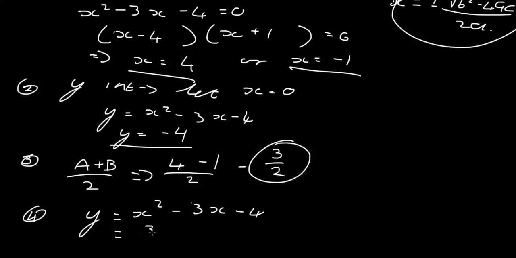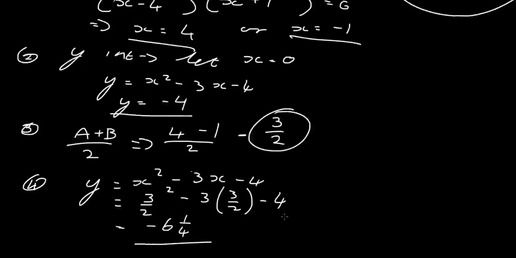So y equals 3 over 2 squared minus 3 times 3 over 2 minus 4. And in the end we're left with y equals minus 6 1/4. Okay, and there you go.